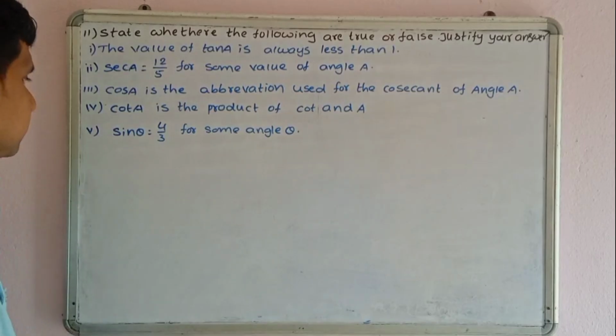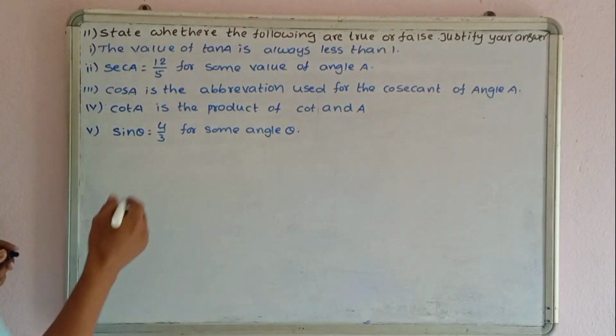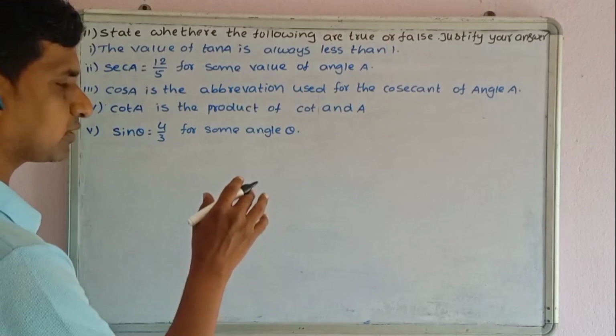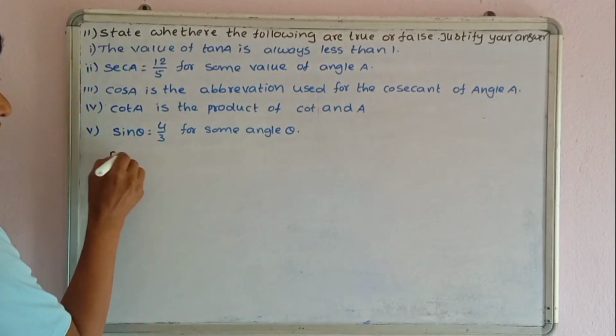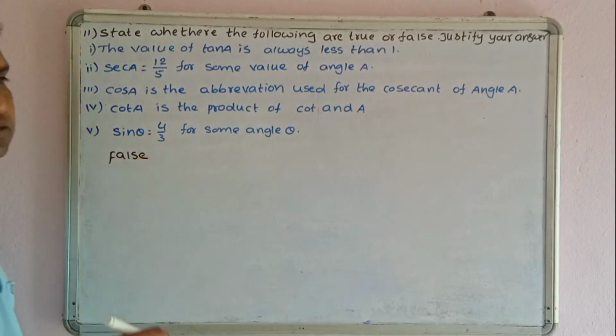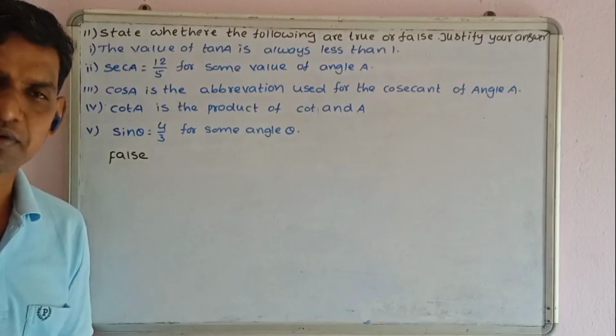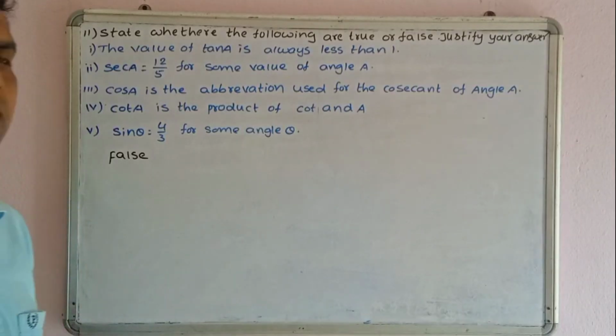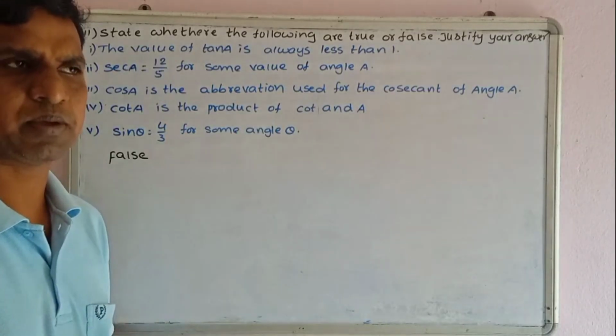And the final one, sin theta equals 4 by 3 for some angle theta. This is a false statement, because the value of sin theta always lies between -1 and 1 inclusive. Maybe it is 1, maybe -1.